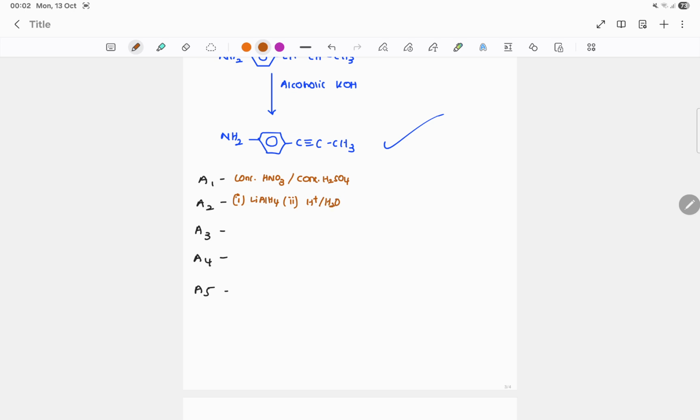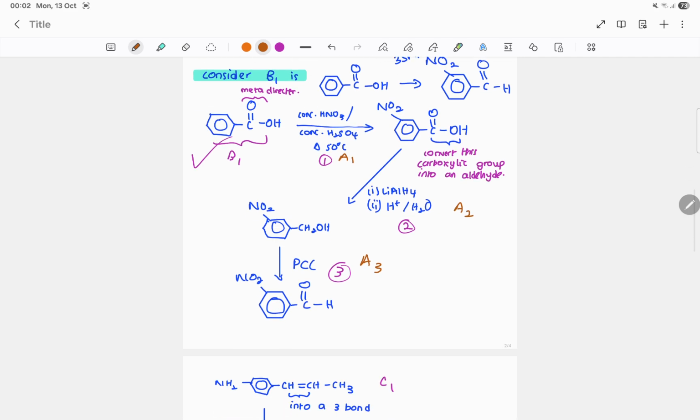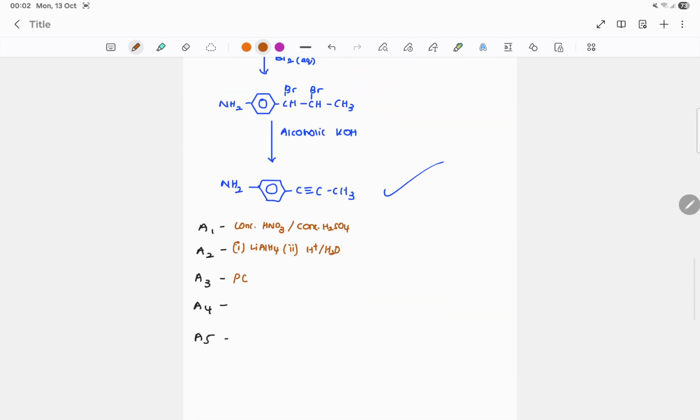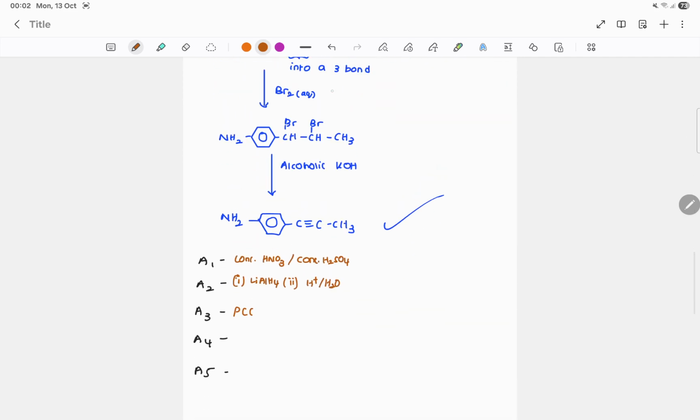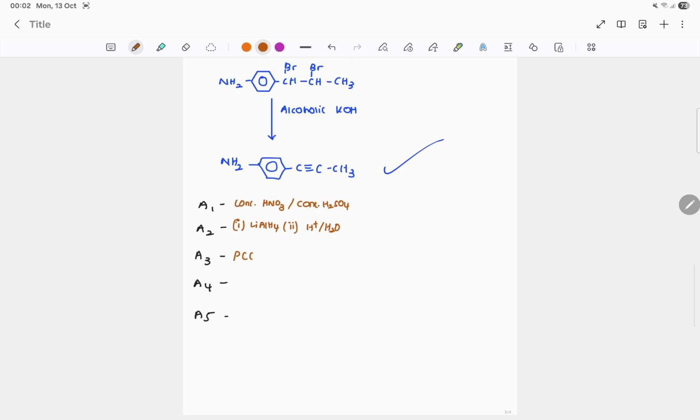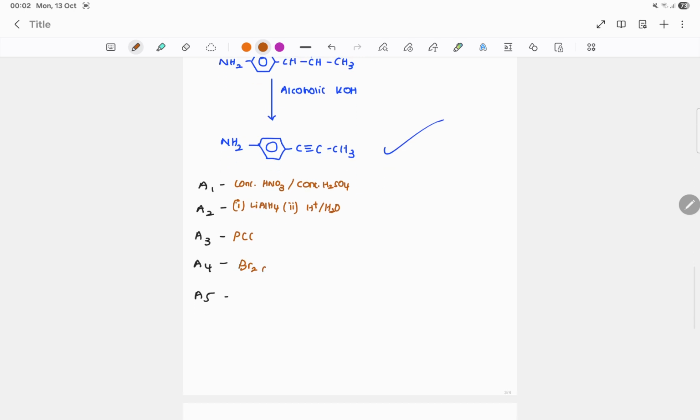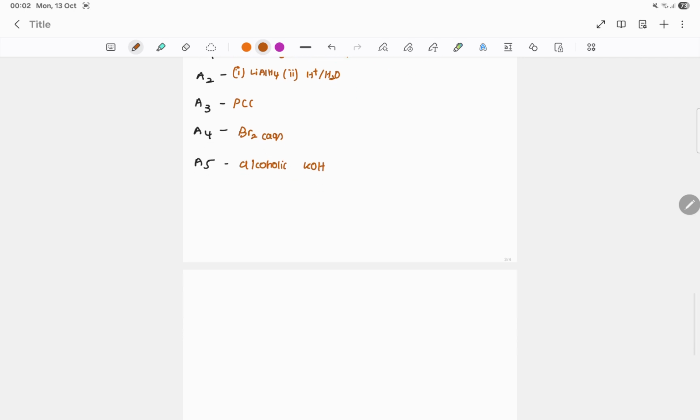So A3 will be this one, PCC. A4 is this one, Br2 aqueous. A5 is this one, alcoholic KOH.